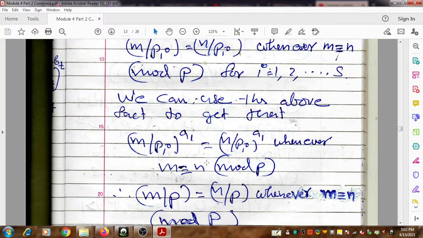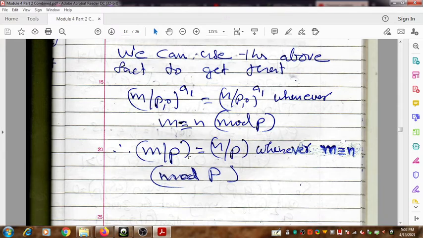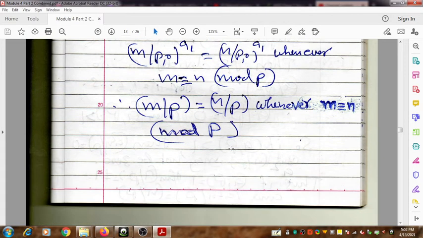This is true for all values of i, therefore you get immediately that (m/p) equals (n/p) whenever m is congruent to n mod p.